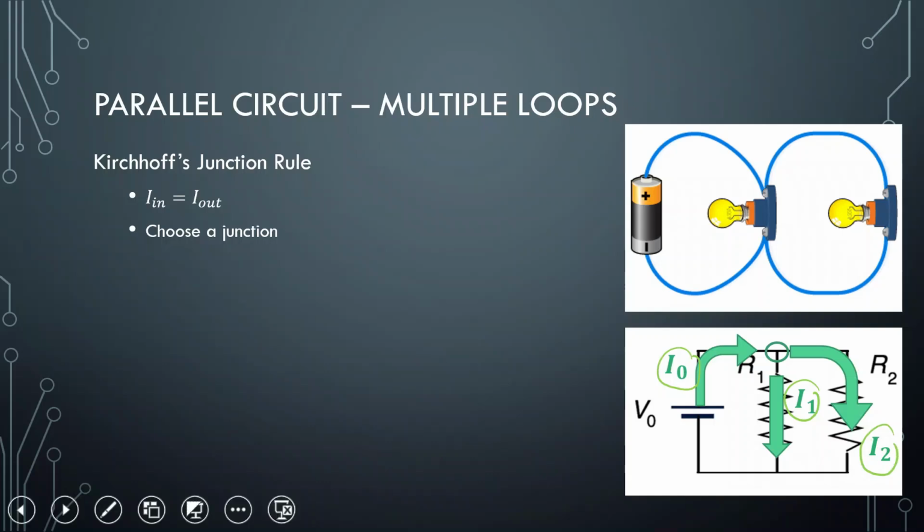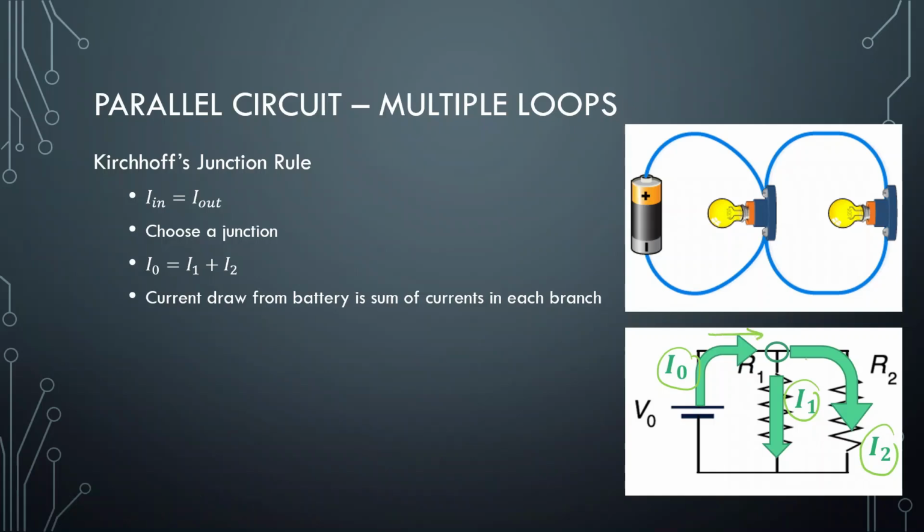If I look at that junction, my current in, which is I0, is getting split into I1 and I2. So that equation would be I0 is equal to I1 plus I2. So the current draw from the battery is the sum of the currents in each branch.